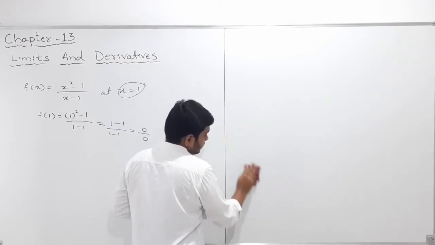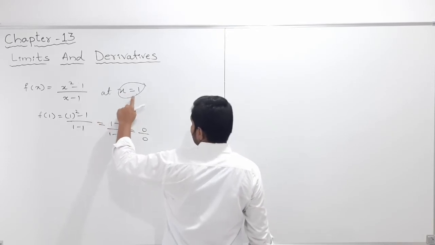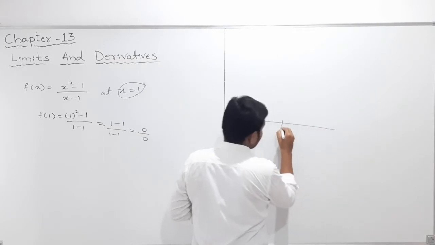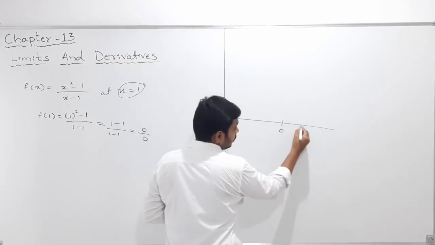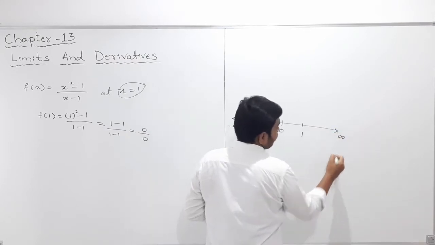So see here, observe. In this function I cannot give the x value as 1. So first I'll consider one real line. This is 0, this is 1, this is minus infinity, this is plus infinity.